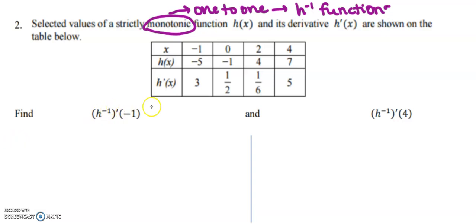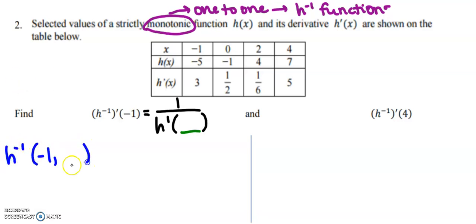Well, I know that h inverse prime of -1 is equal to 1 over h prime at some mystery output value. So immediately I can say h inverse has -1 comma mystery, which means that h has mystery comma -1. And again, we know that this -1 is on the inverse because -1 is going into the inverse, okay?